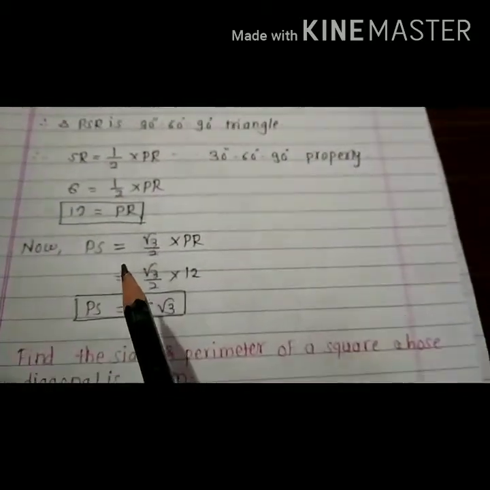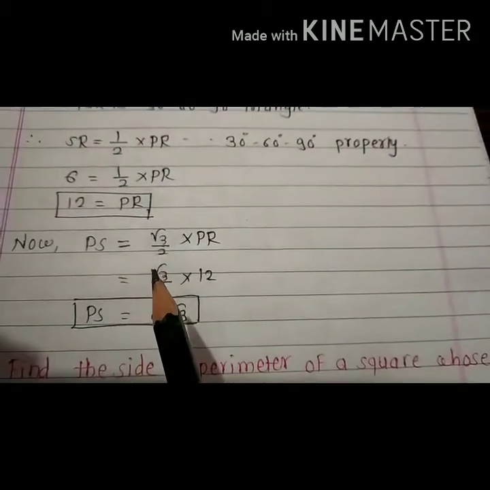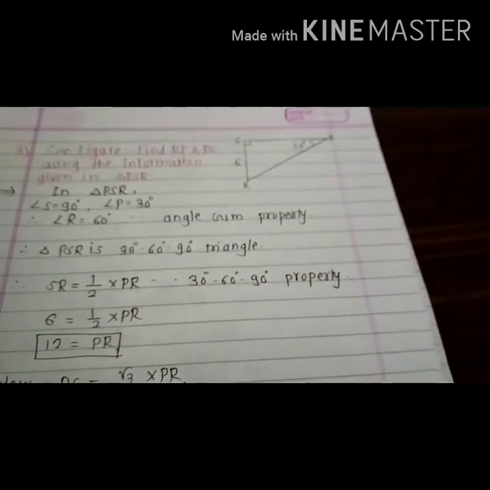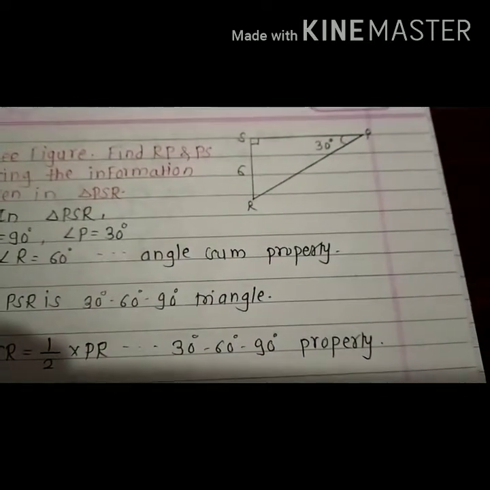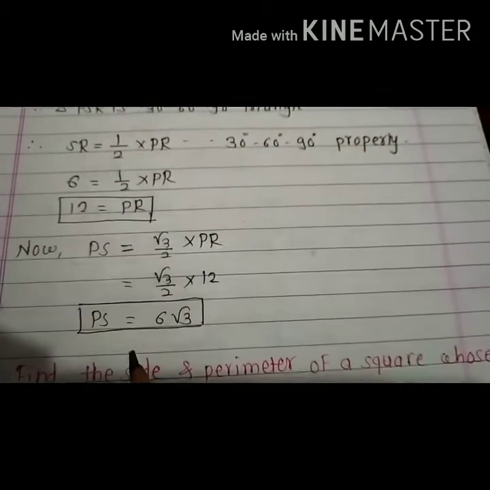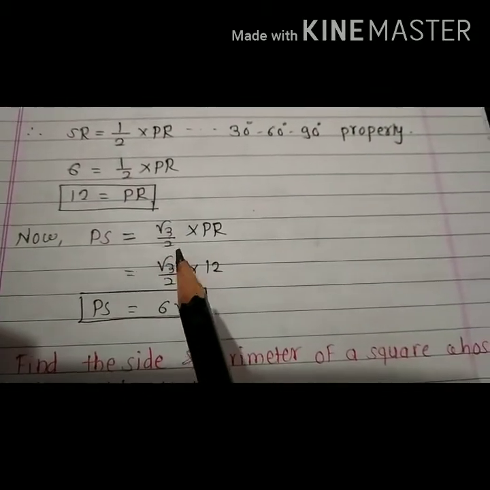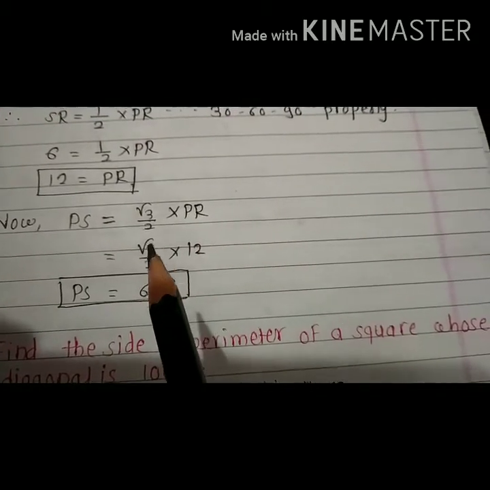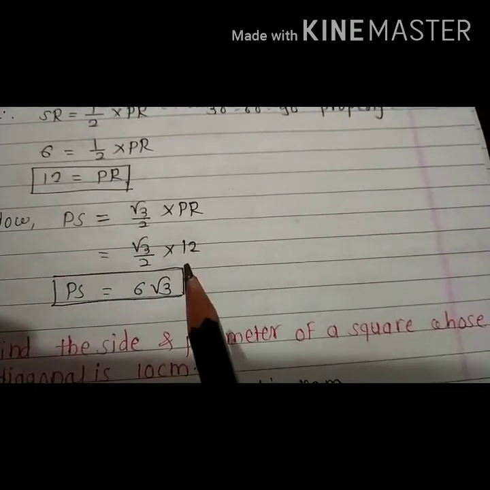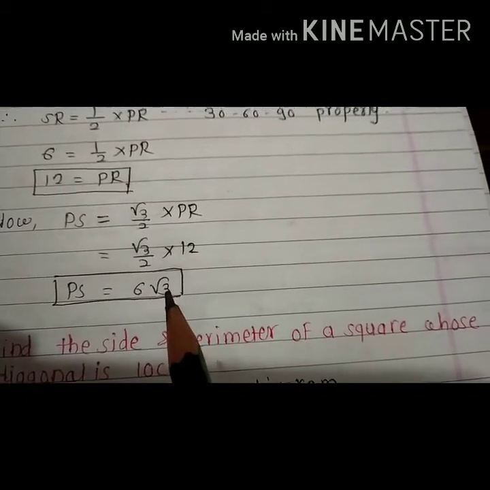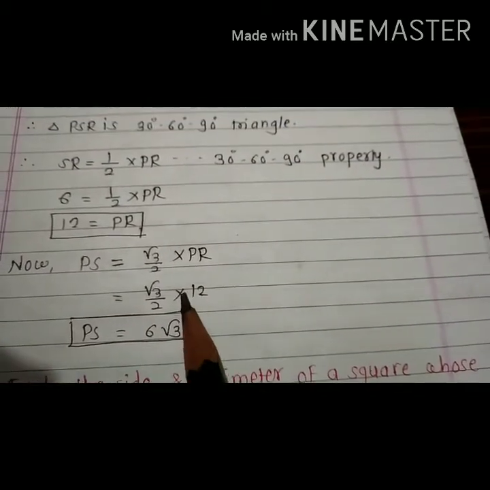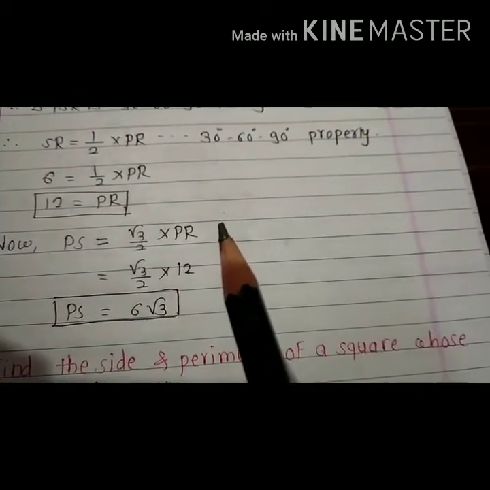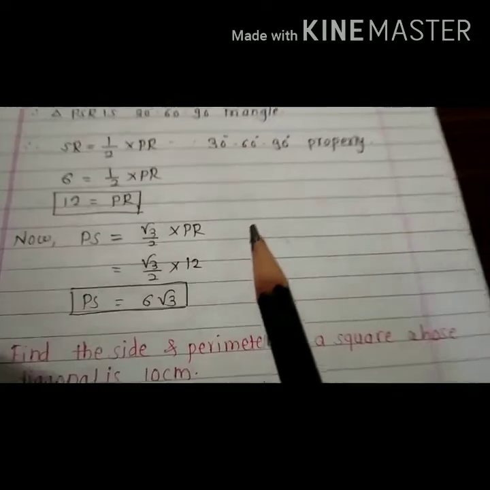Now, PS is equal to root 3 by 2 times the PR. PS is the side opposite to 60 degree. Therefore, it is root 3 by 2 times the hypotenuse. Root 3 by 2 times hypotenuse length 12, which is equal to 6 root 3. Here we use the 30, 60, 90 property.